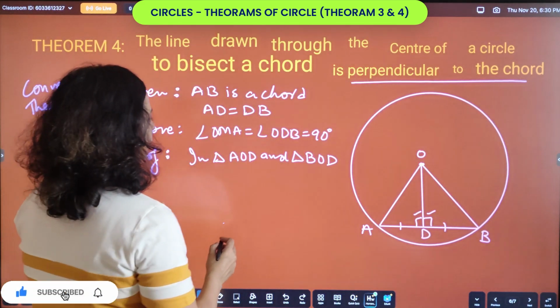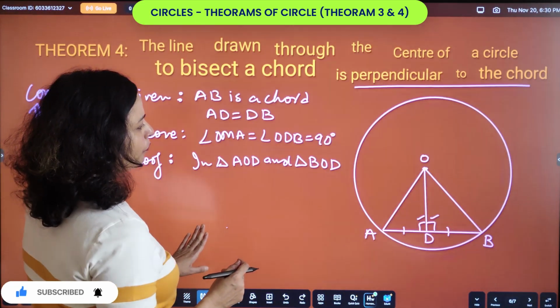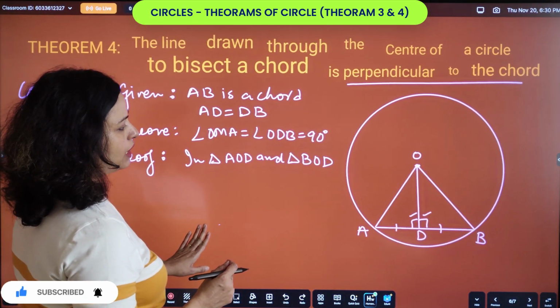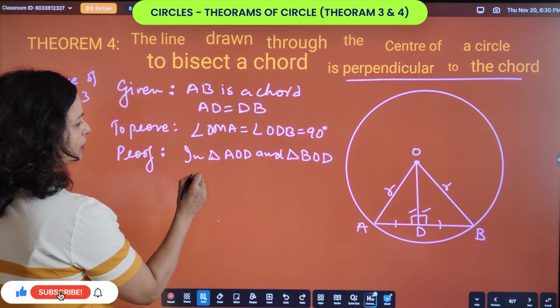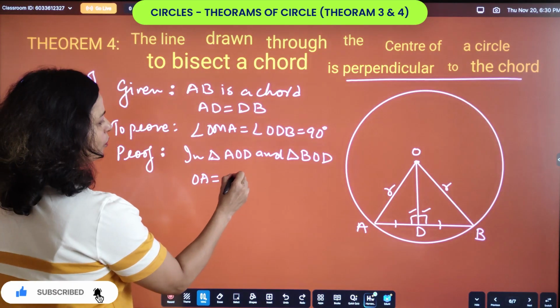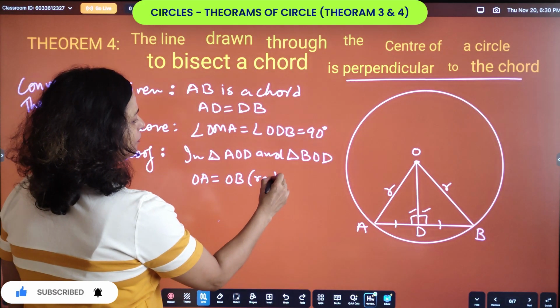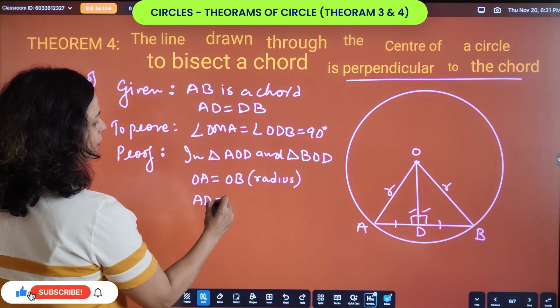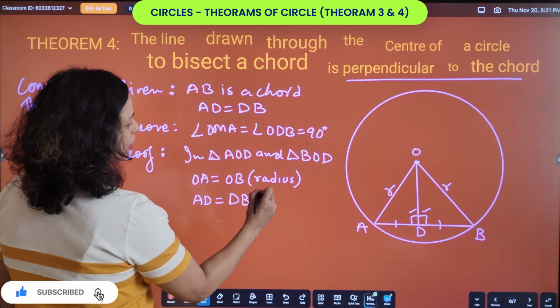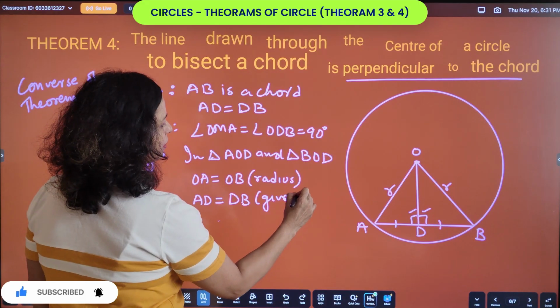So here what is given? We have a radius, so we have OA is equal to OB, which is the radius. And they have given AD is equal to DB. Again it is given to us.